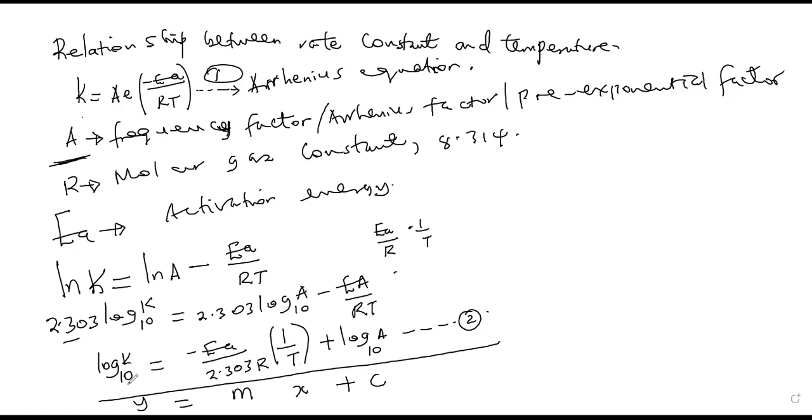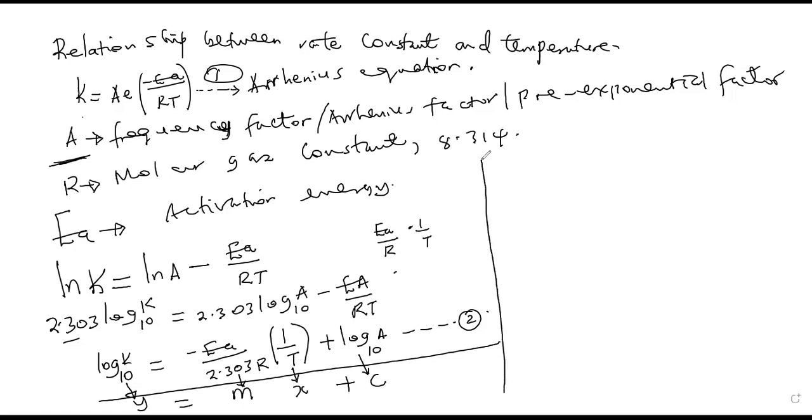So on the Y-axis, if we plot log 10 of K, this one will be our gradient, and 1 over T will be on the X-axis, and log 10 of A will be our y-intercept.